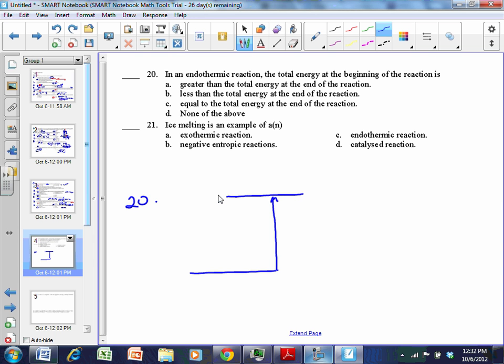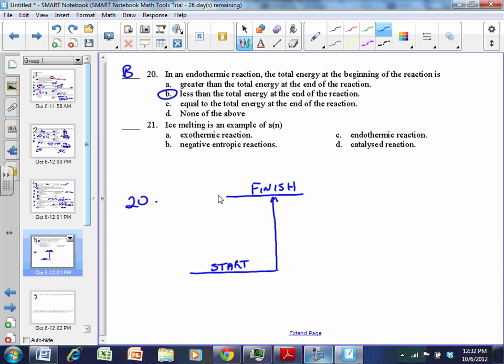So you start here at a low energy and absorb energy to finish at a high energy. The chemical change in this case is a reaction, and it takes energy in from the surroundings. So the total energy at the beginning of the reaction is less than the total energy at the end of the reaction. The surroundings would decrease in temperature here.